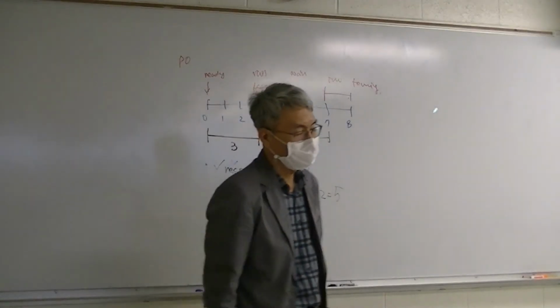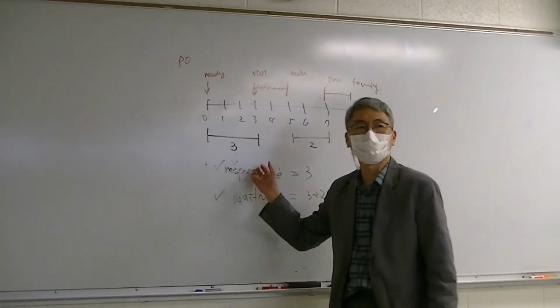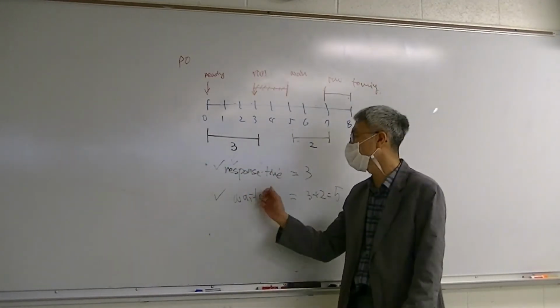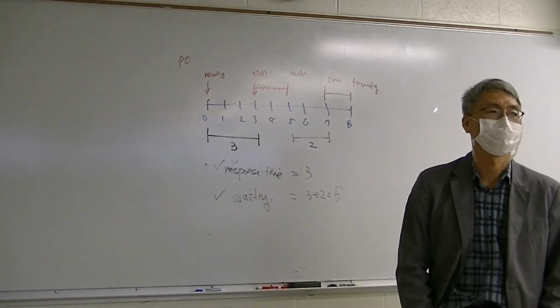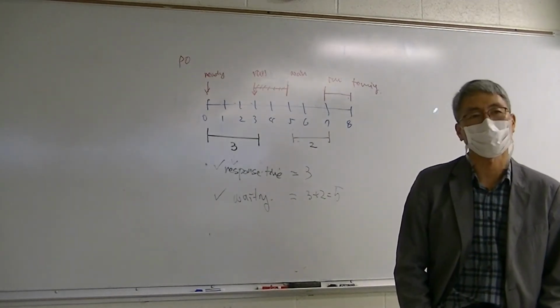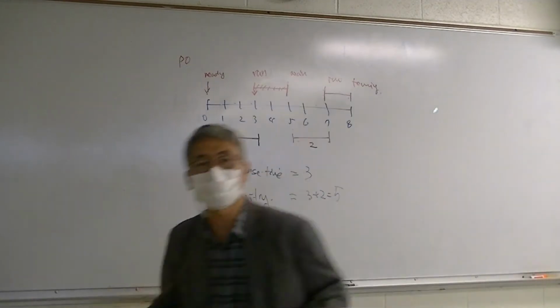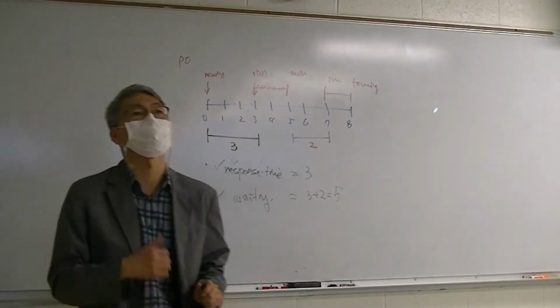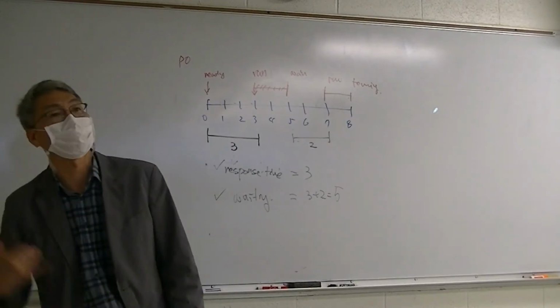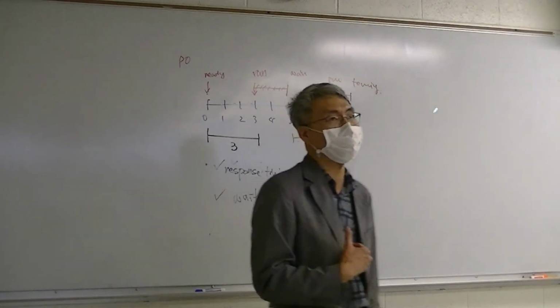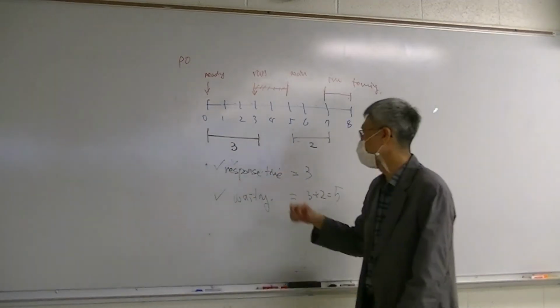So, which one is more important for stock market trading, waiting time or response time? Response time is important. If somebody enters first, then you get the priority. It doesn't matter how long you wait during the transaction, but the first response time. So response time is good.